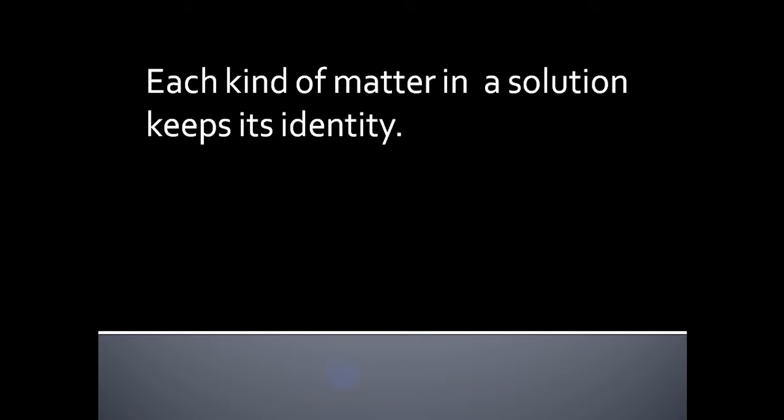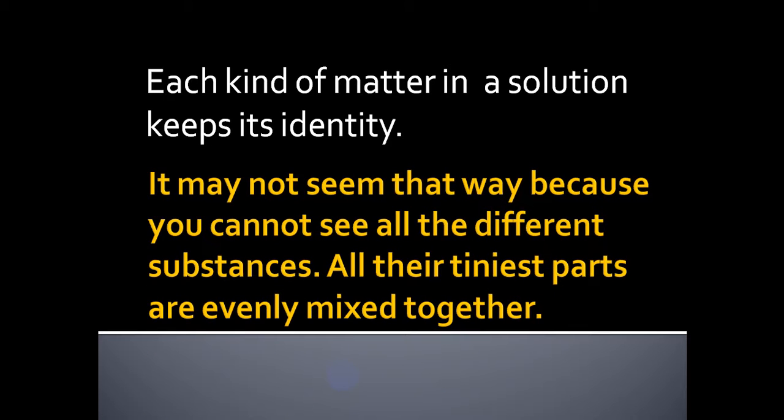Each kind of matter in a solution keeps its identity. Oh, how come? We cannot see it, but we can taste it. The sugar is not clear, but when I start drinking the lemon juice, the lemonade, I can taste the sugar.